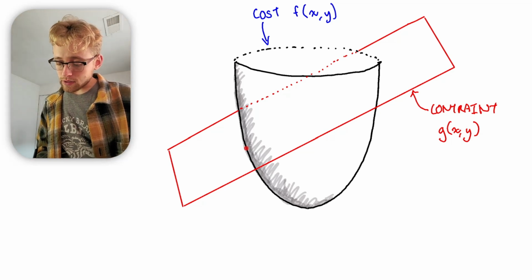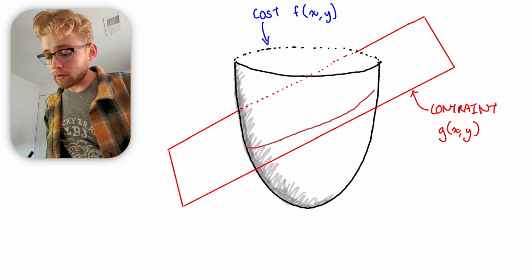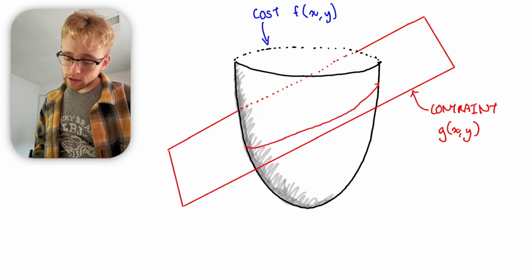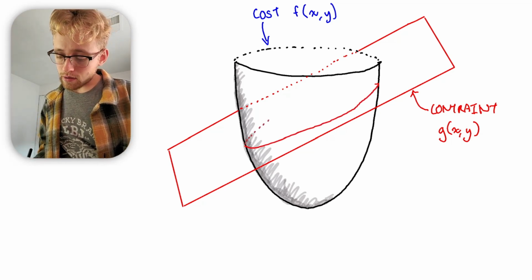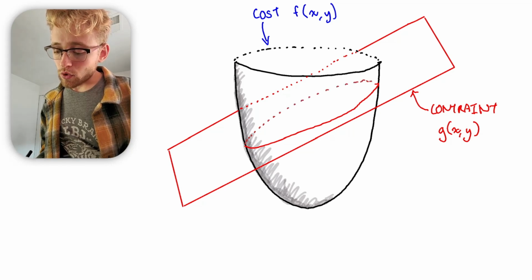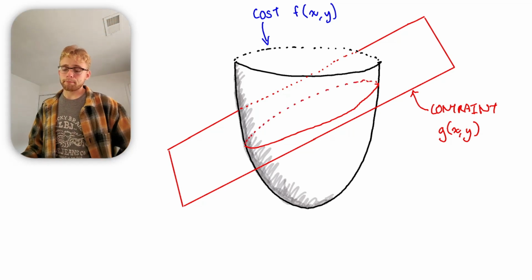And that intersection takes place, right? We can sort of sketch out what that intersection might look like. It takes place right here. It's kind of an oval shape, right?